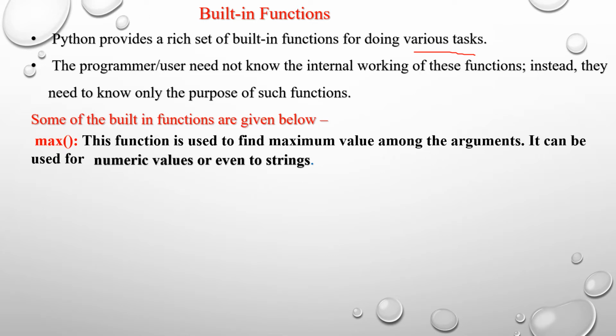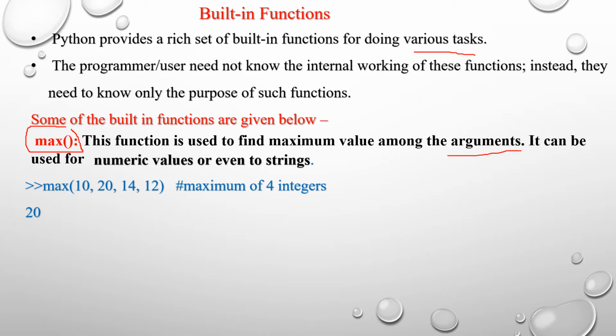For example, max() is one of the built-in functions. This function is used to find the maximum value among the arguments. It can be used for numeric values or even strings. For example, max() is the built-in function, and the arguments are 10, 20, 14 and 12.